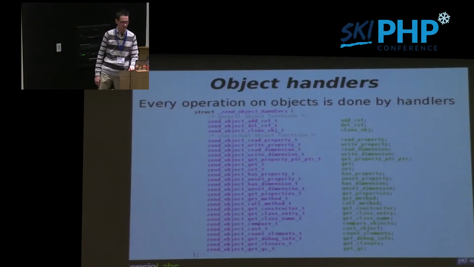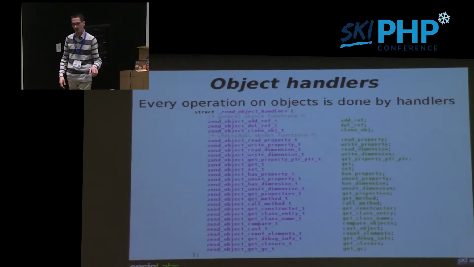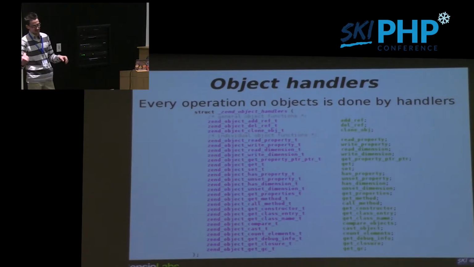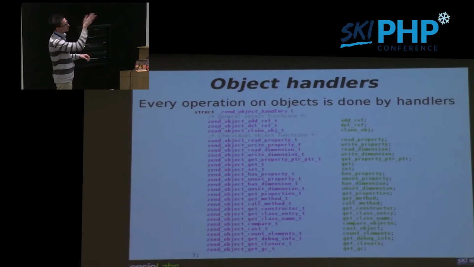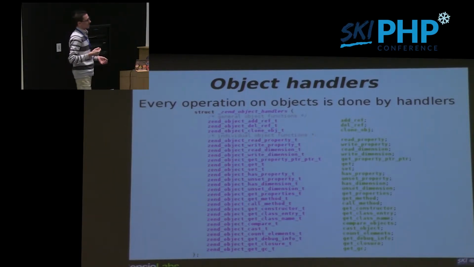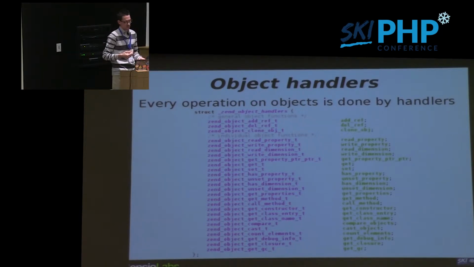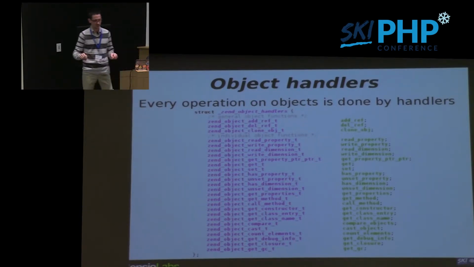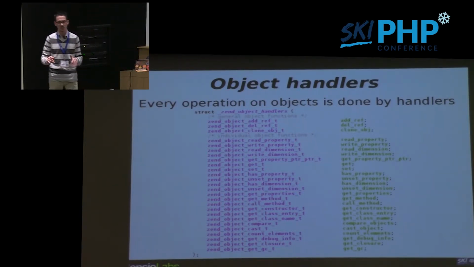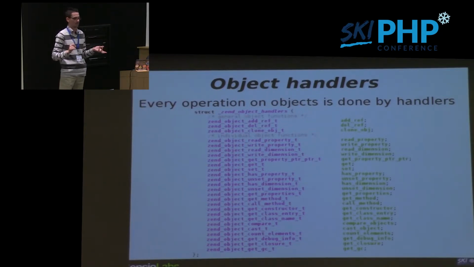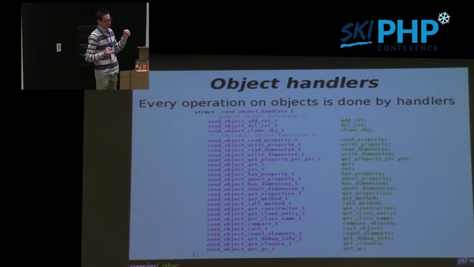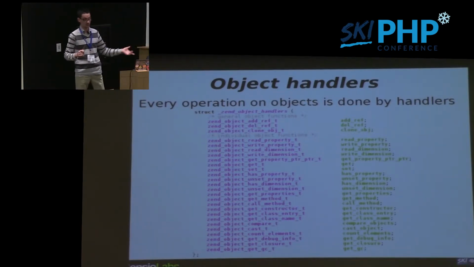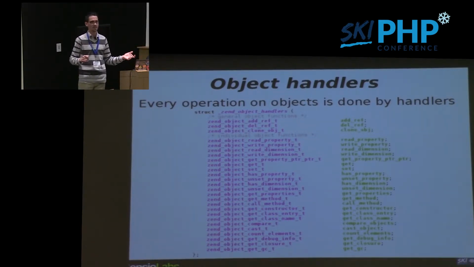Object handlers. An object also has Zend object handlers, if you remember, and handlers are self-describing, so they can let you do whatever you want. What I love is that when you create an extension, you can actually overwrite every handler. So if I want to overwrite the handler called add_ref, I can do it in an extension, which is pretty nice. You can do many things.